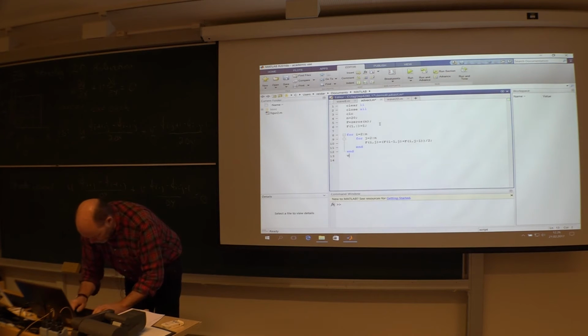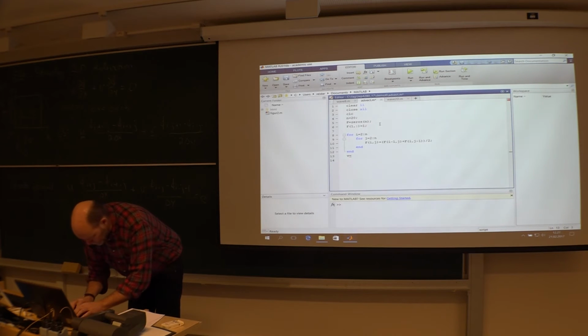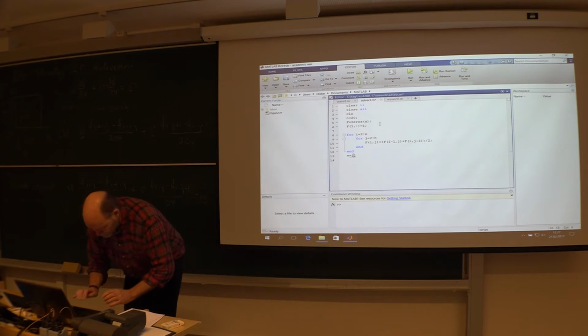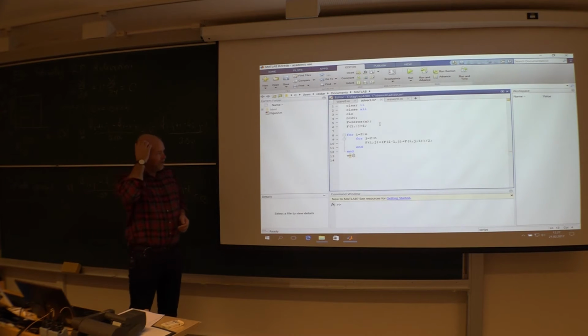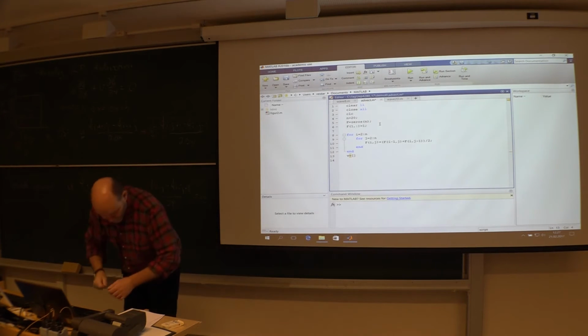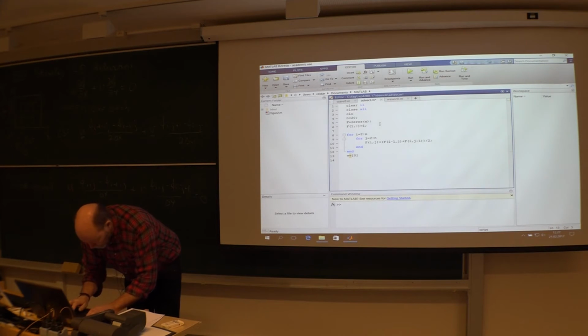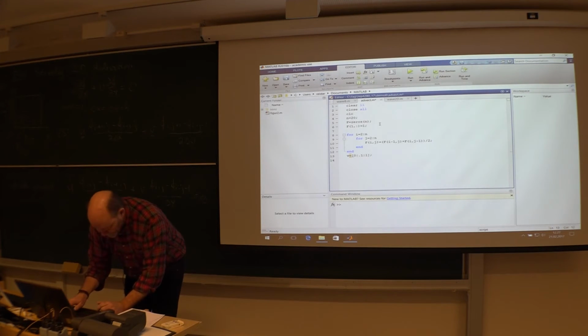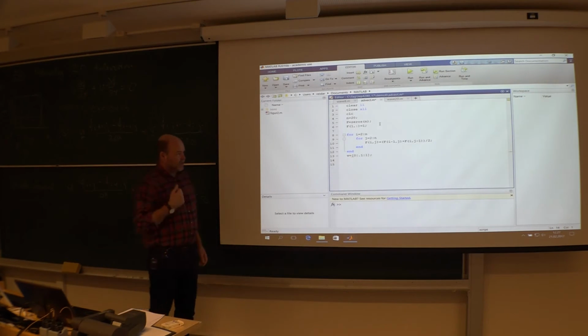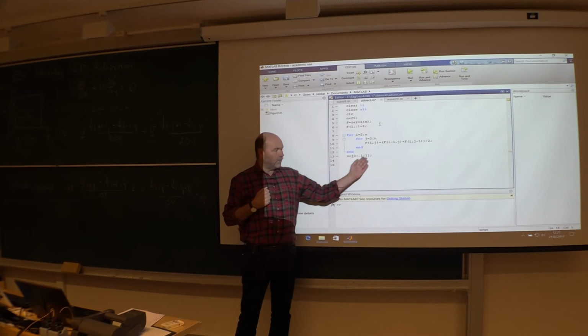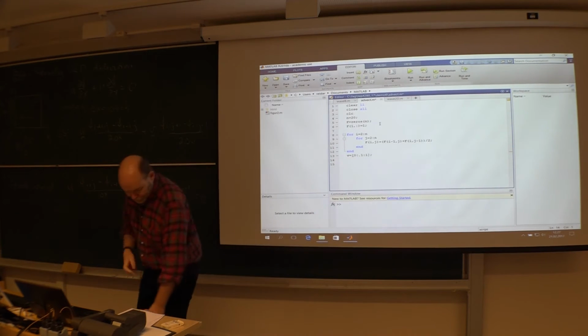I want to have sort of contour lines, and I want them to spread out from 0 all the way to 1 with step 0.1. So I use this v vector to specify the level of my contour lines.